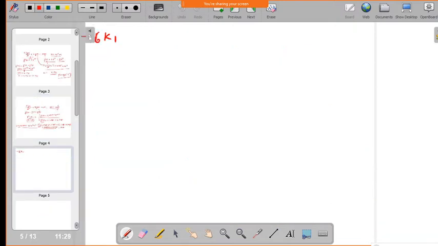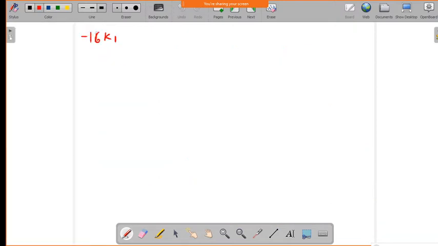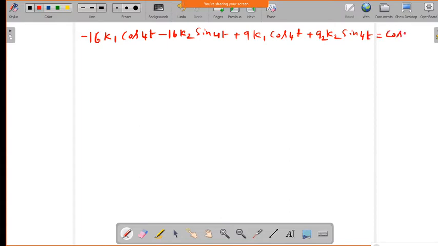So, write it that one, minus 16 k1 into cos 4t minus 16 k2 into sin 4t plus 9 k1 cos 4t plus 9 k2 sin 4t, okay, which is equal to cos of 4t.